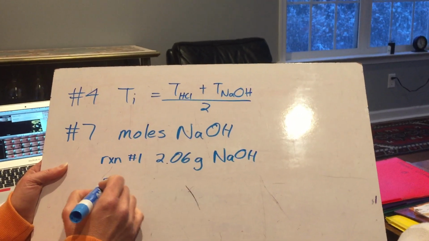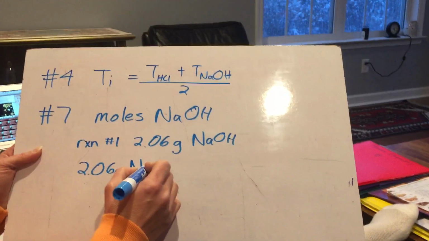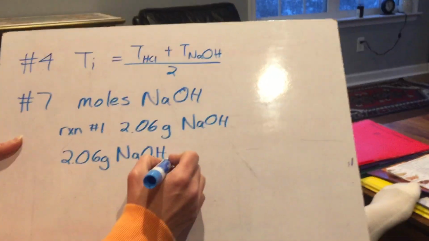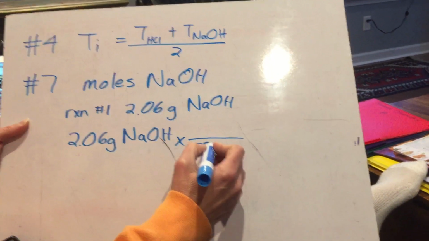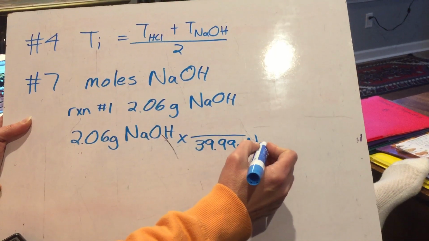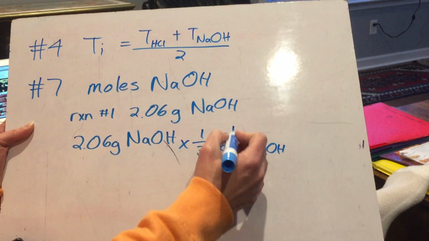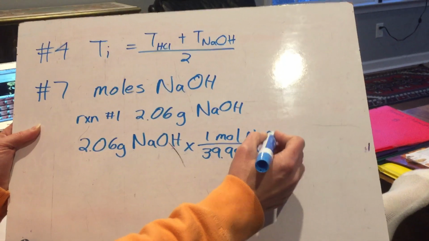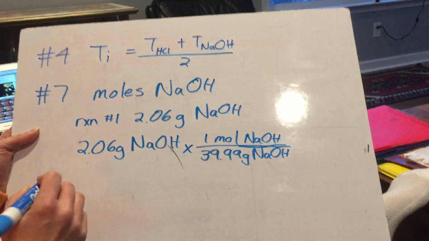So we're just going to take 2.06 grams of sodium hydroxide and multiply that by 1 mole of sodium hydroxide per 39.99 grams of sodium hydroxide. And that's going to give us our number of moles of sodium hydroxide in our reaction.